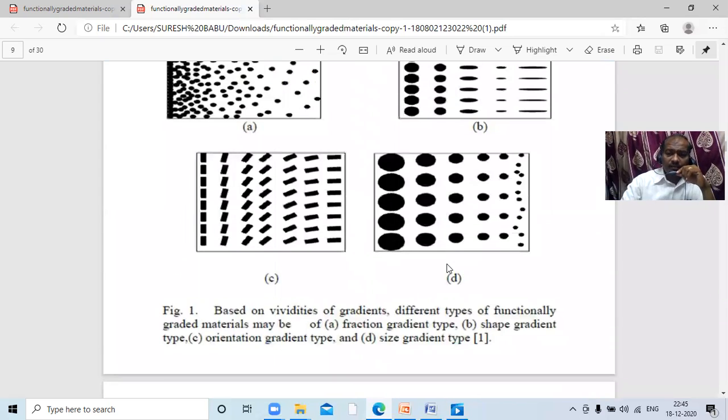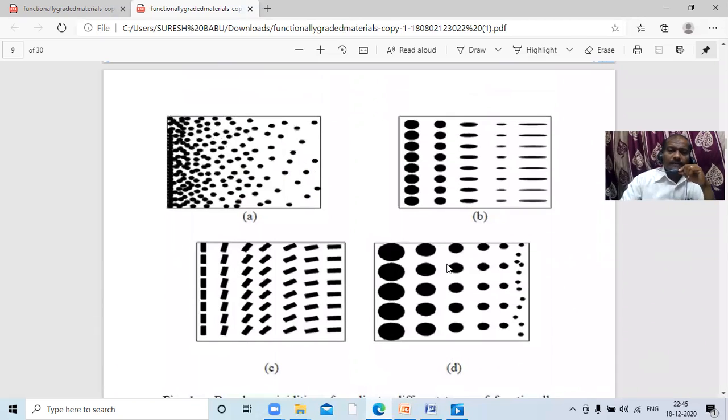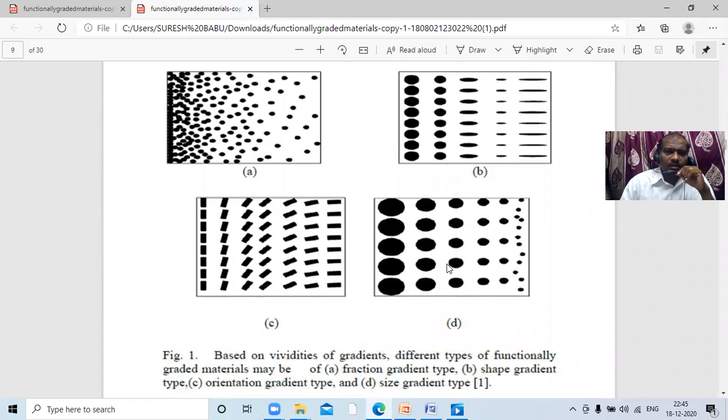So these are the different structures that are possible for FGMs based upon the classification. For example, the first one is based upon gradients, different types of functionally graded materials.